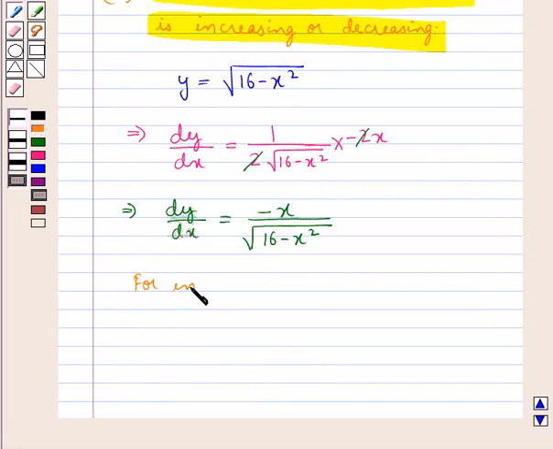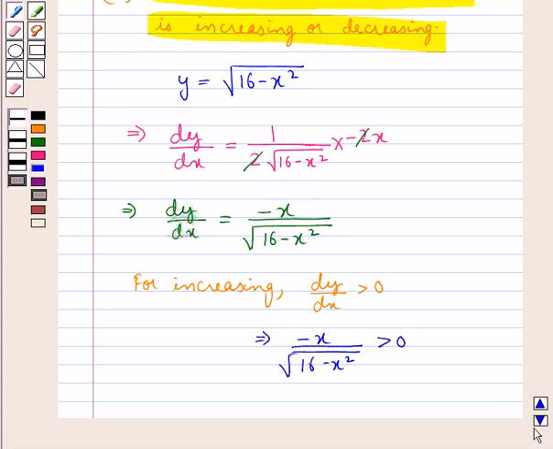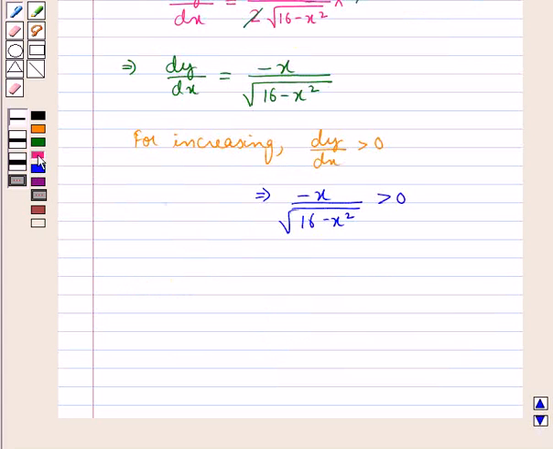Now, for finding the intervals in which the curve is increasing, we take dy by dx greater than 0, that is minus x upon square root of 16 minus x square is greater than 0, or we can say that minus x is greater than 0, which means that x is less than 0.